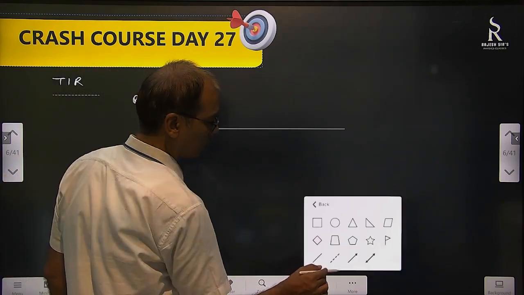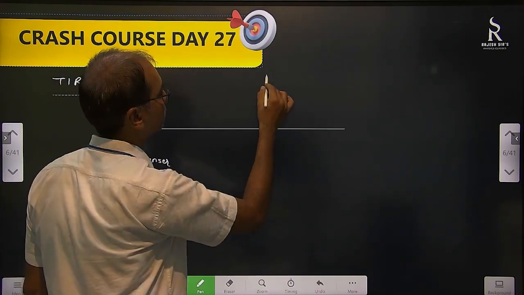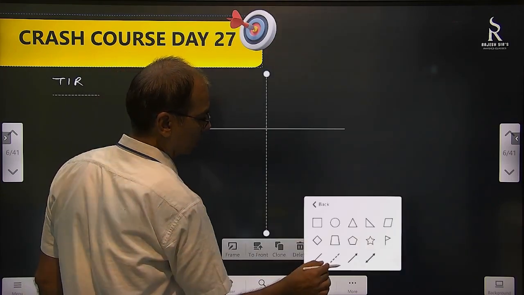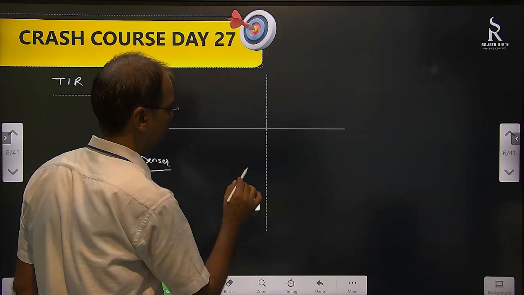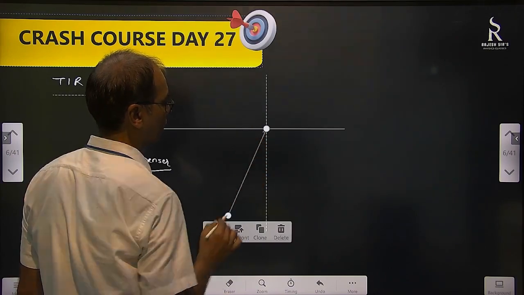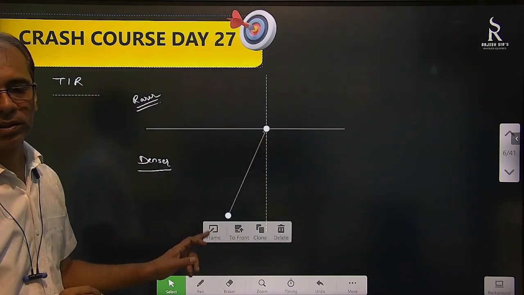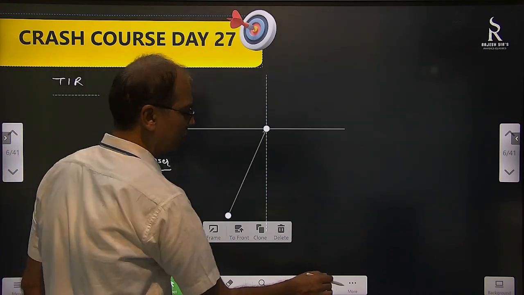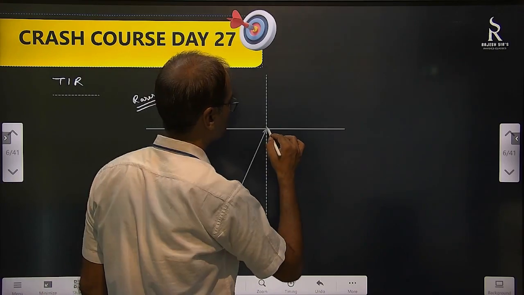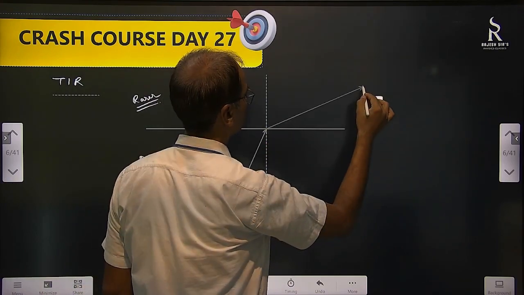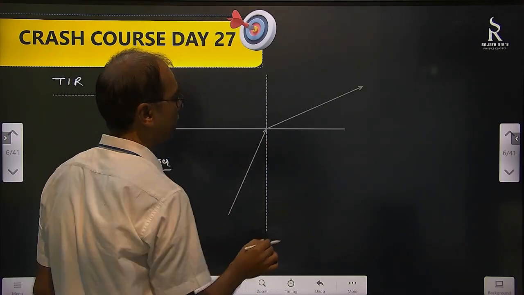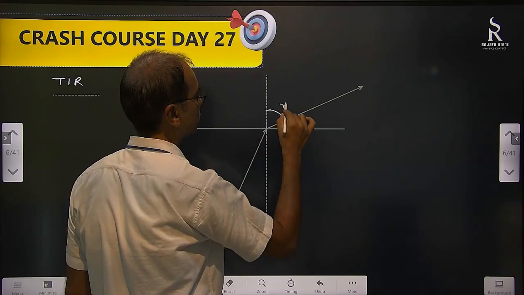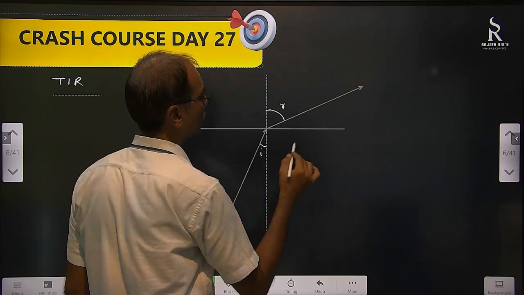Let's assume this is the normal and this is our first ray. As this is the incident ray, it will go into the other medium like this. You can see the angle of refraction is a lot more than the angle of incidence. R is greater than I.